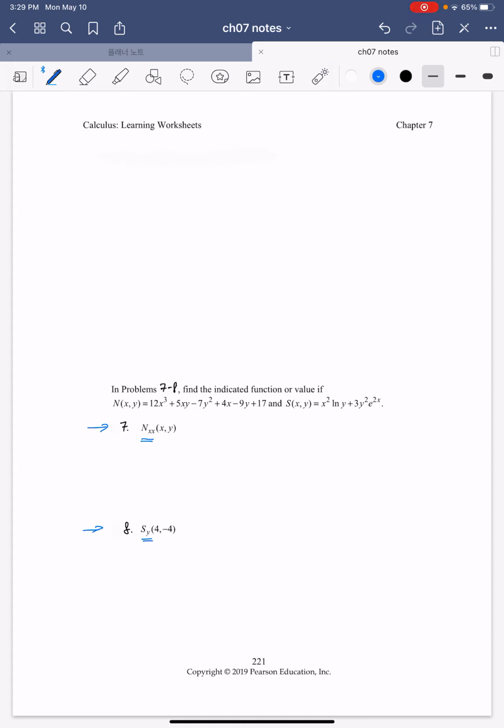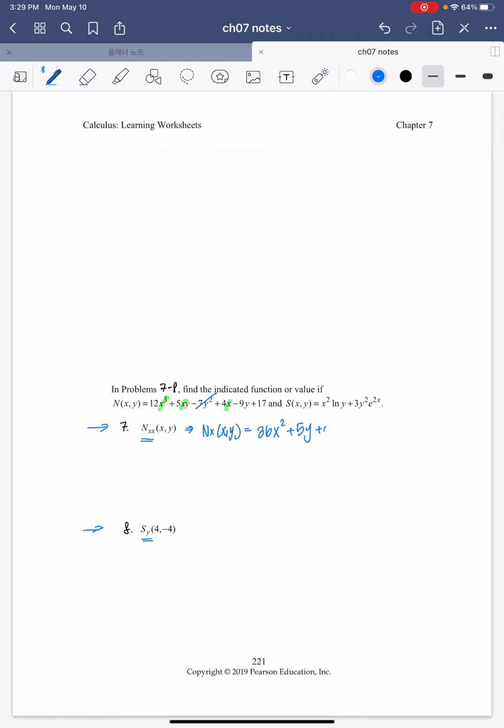So I'm going to first take the first partial derivative with respect to x. So I'm highlighting all the x here. For the first term, I'm going to have 3 times 12, which is 36x squared. Second one, derivative of x is 1, so it will be just 5y. And then this will disappear because it's a y.